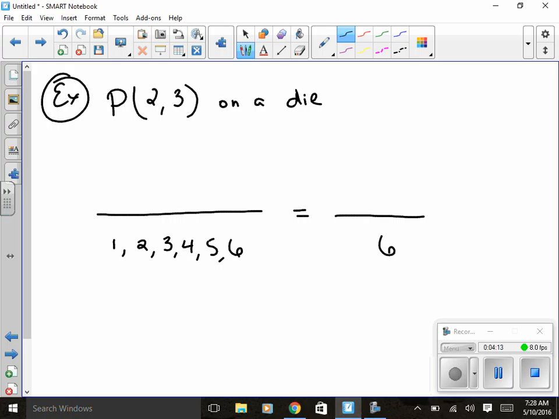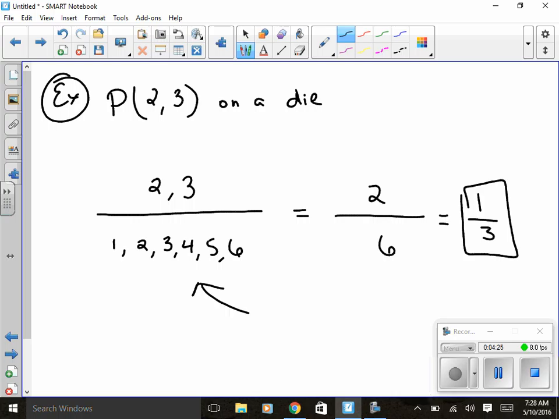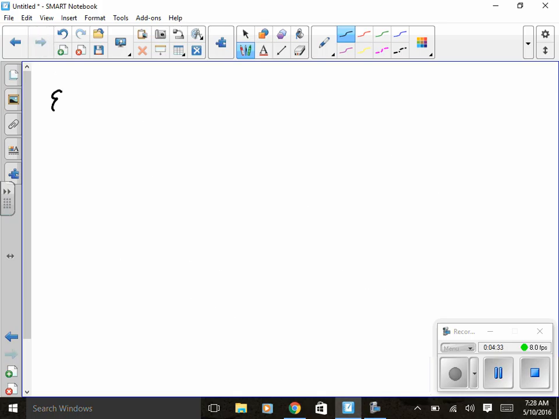And my 2 options up above are 2 and 3. That's the probability of it occurring. And so that would be 2 over 6 to give me a grand total of 1/3. You do not have to list it out this way. If you can go ahead and jump to this, that's fine. Go ahead and jump to that. That's totally okay.